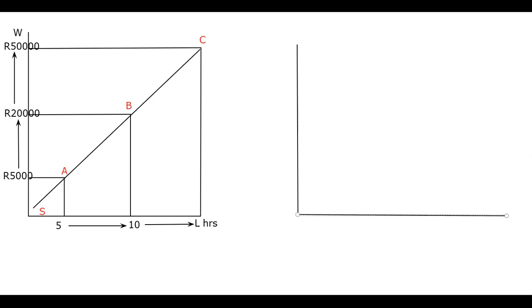Here we have W. Here we have labor hours. The supply curve is always like this. Okay? But now, on a shift, this is our labor supply curve, which is upward sloping, the same as here.